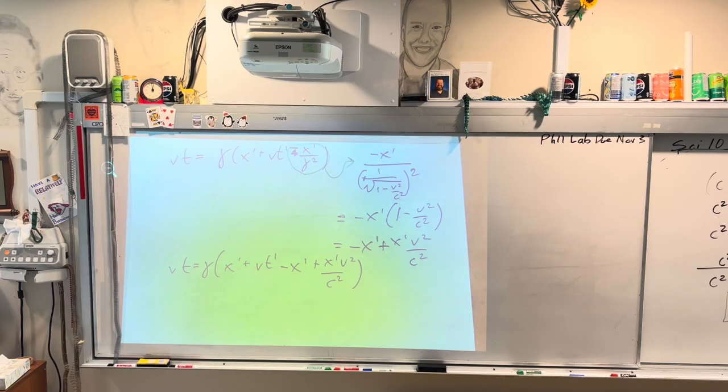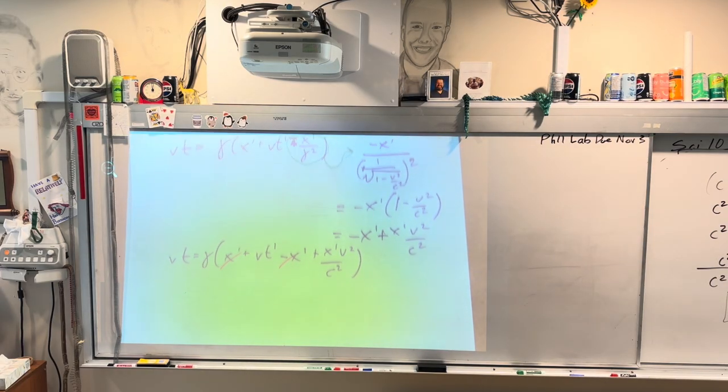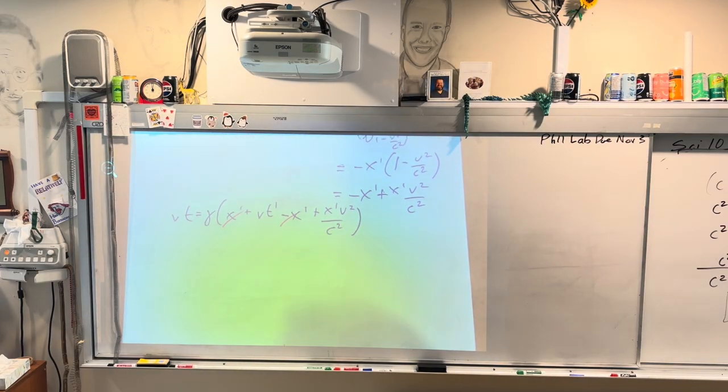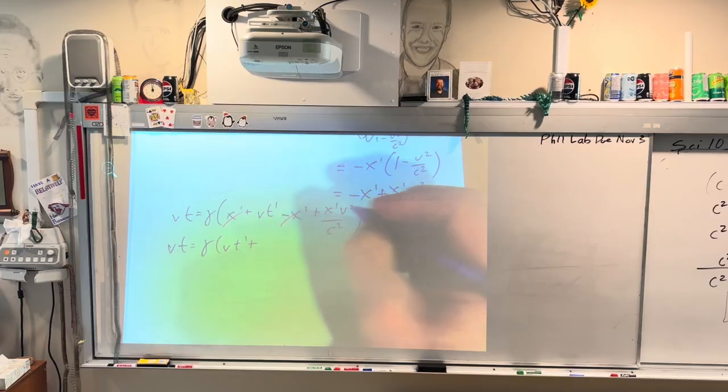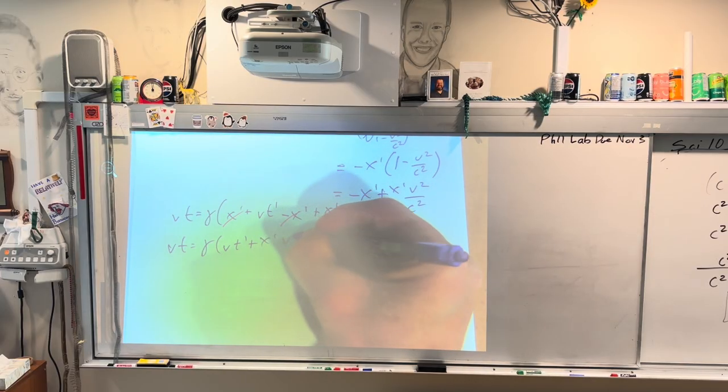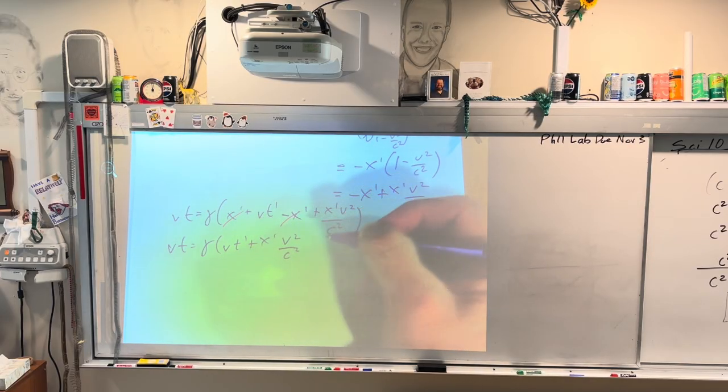So these are going to be gone, which is kind of nice. So we're left with VT equals gamma VT prime plus x prime v squared over c squared.